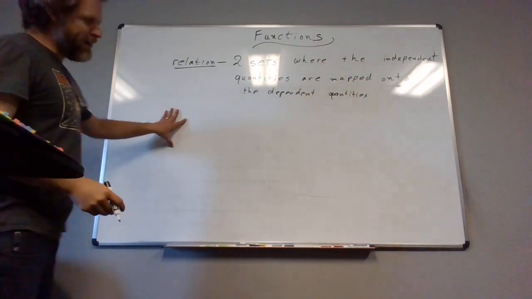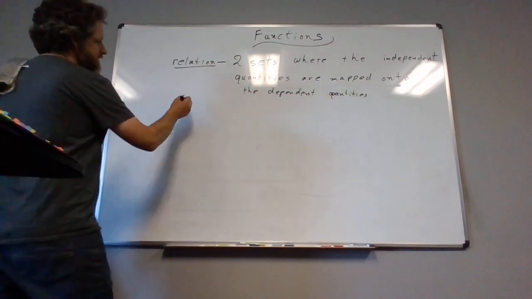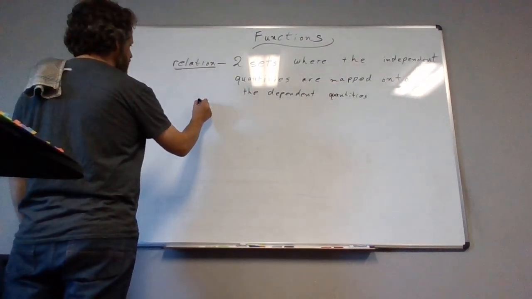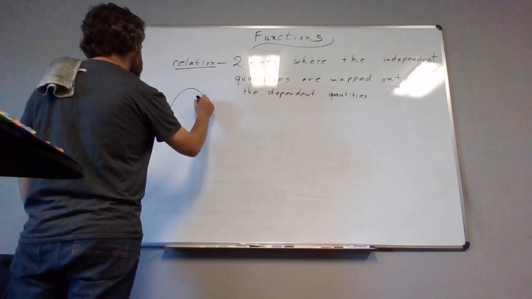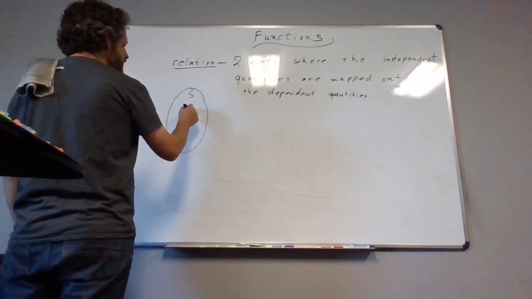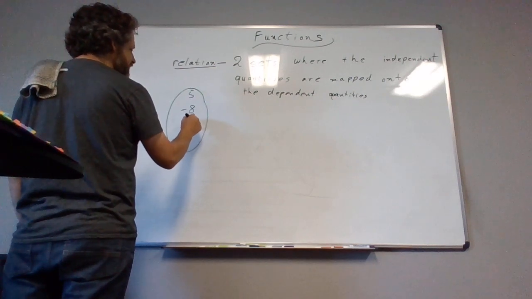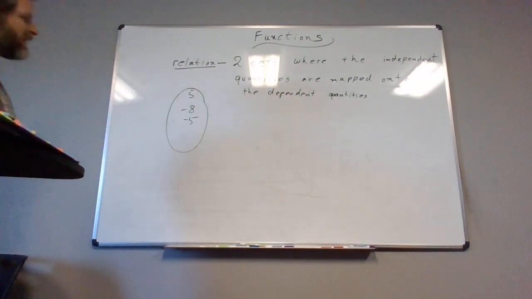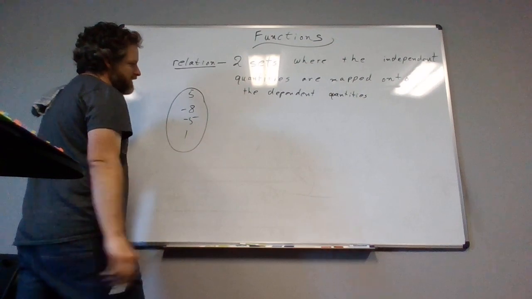So, here's a picture of a relation. Are you ready? We're going to have a set right here. And in this set, let's put the numbers 5, -8, -5, 1.